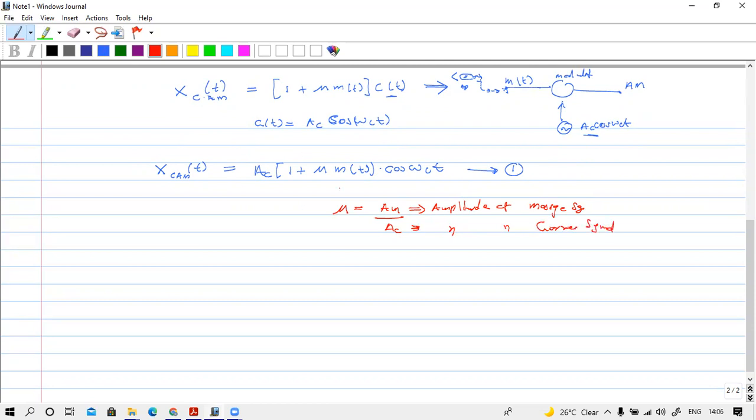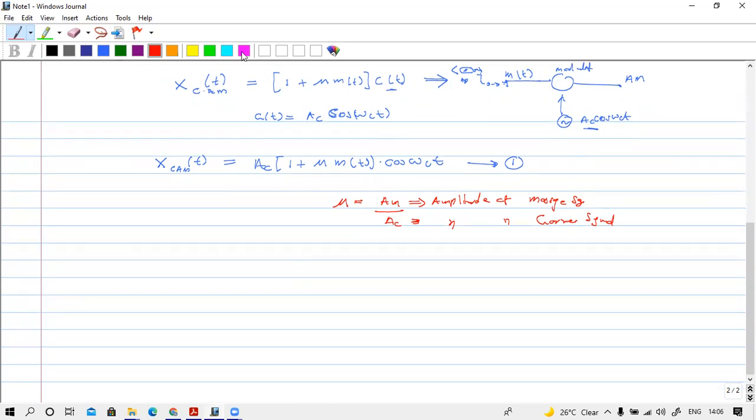I told you that this mu is related with A_M and A_C. So this mu already contains the amplitude of the message signal.